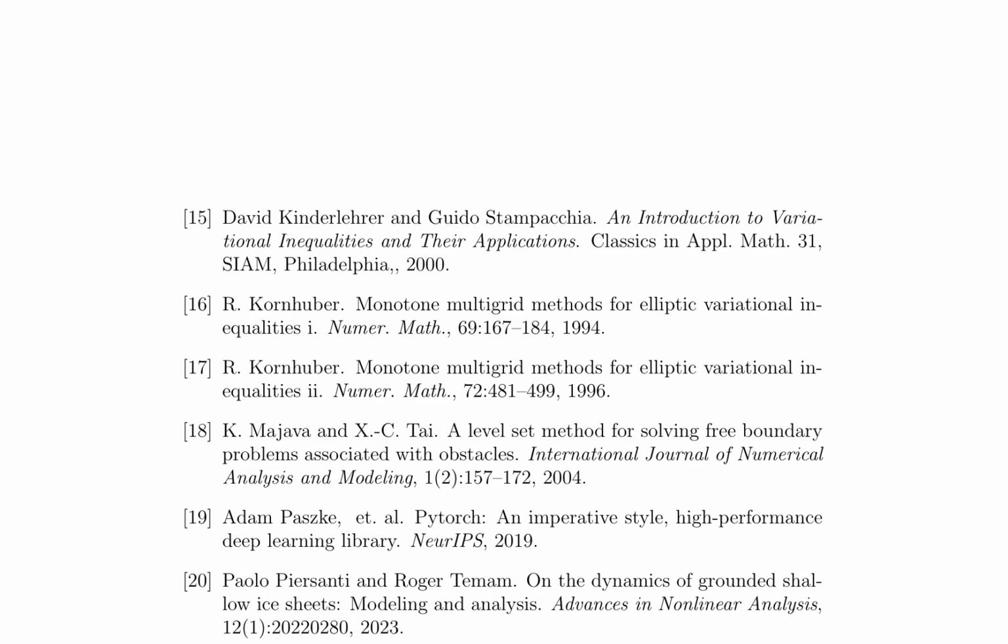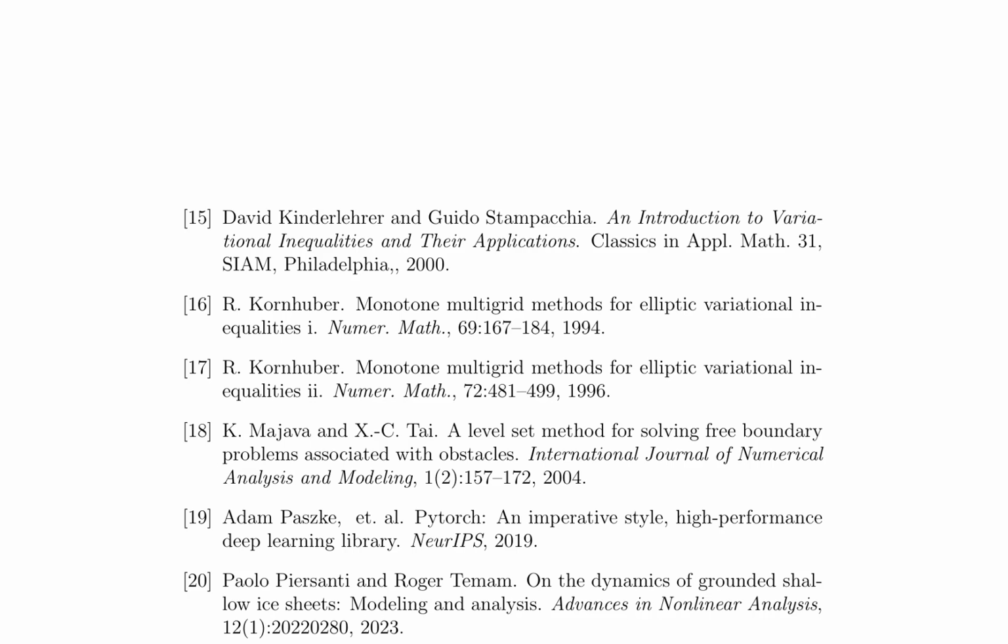This research paper cites various works related to variational inequalities, elliptic partial differential equations, and obstacle problems. The authors draw upon a range of sources, including Kinderlehrer and Stampacchia's Introduction to Variational Inequalities, Kornhuber's monotone multigrid methods, and Majava and Tai's level set method for solving free boundary problems.